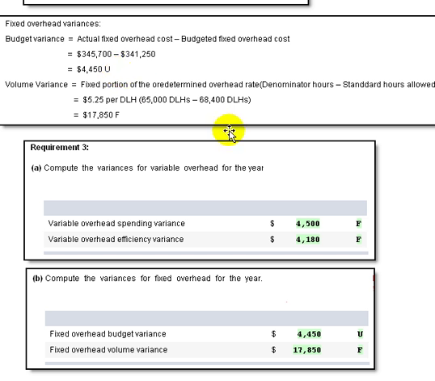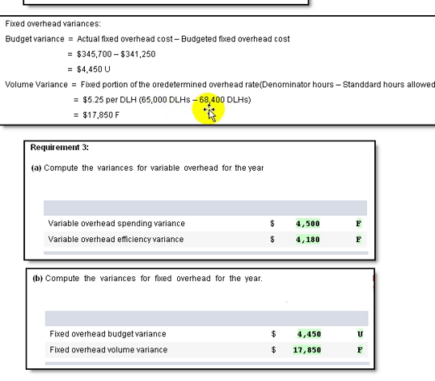The volume variance is equal to the fixed portion of the predetermined overhead rate, times the denominator hours minus standard hours allowed. So we take the $5.25 per direct labor hour times the 65,000 direct labor hours versus the 68,400 direct labor hours at standard.